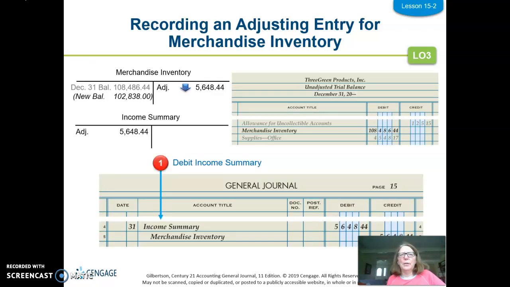So this example that they're giving you here shows that the merchandise inventory started out at $108,486.44. That's what we have on our unadjusted trial balance. When I went and counted it, there was $102,838.